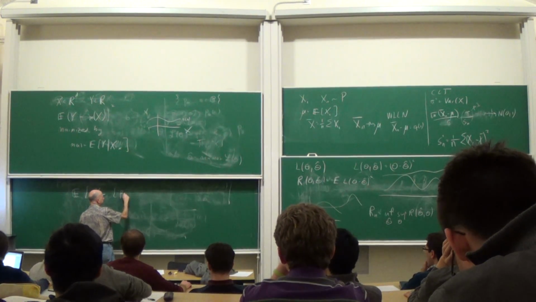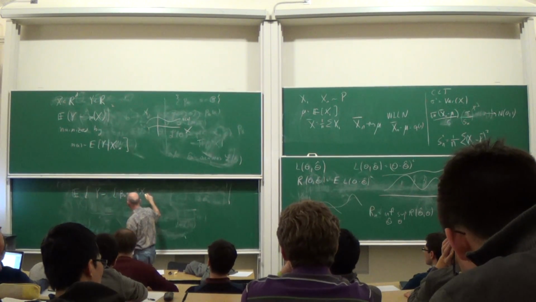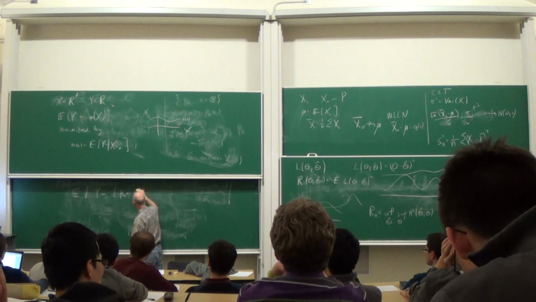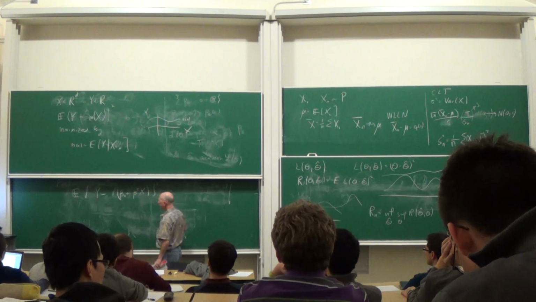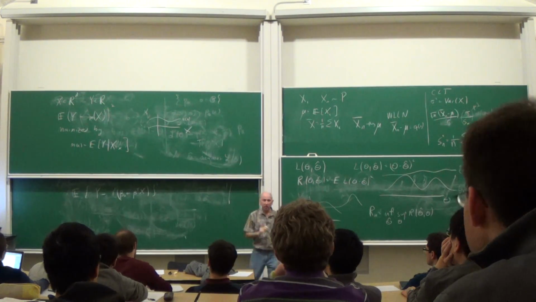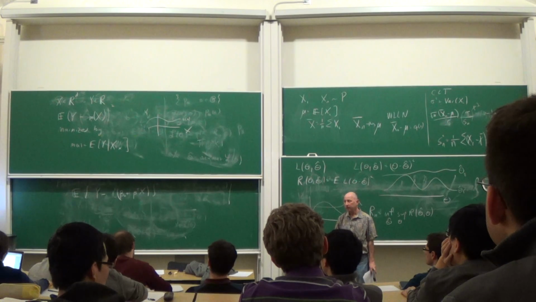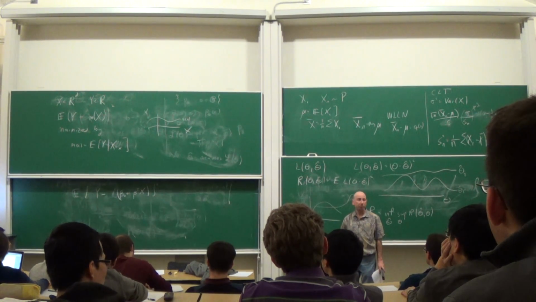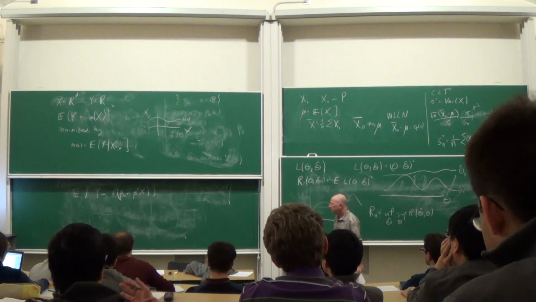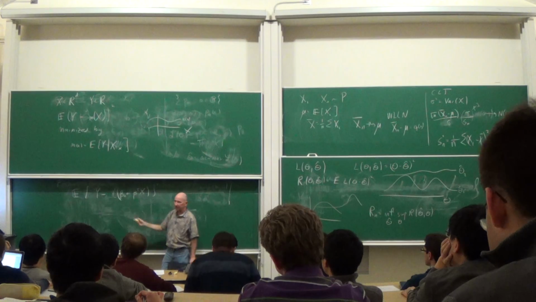It's going to look like this: beta 0 plus beta transpose x, squared. Notice that I'm not saying that the mean of y given x is linear. I'm not saying that the true regression function is linear. No matter what the true regression function is, I can still ask, what is the best linear predictor? What is the value of beta 0 and beta that minimizes this?